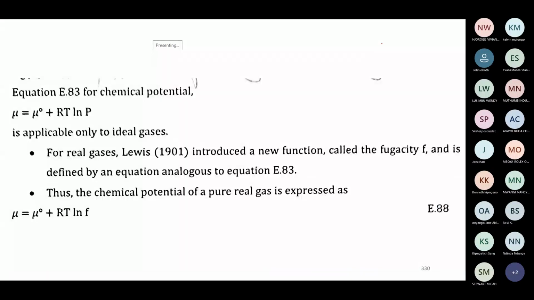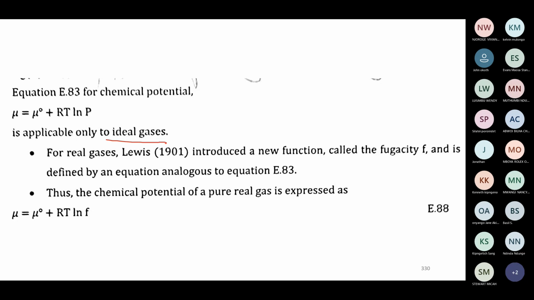Now, the equation E83 for chemical potential is given by this: μ equals μ naught plus RT ln P. This is applicable to ideal gases.